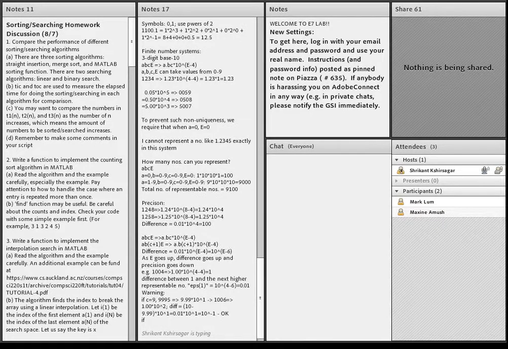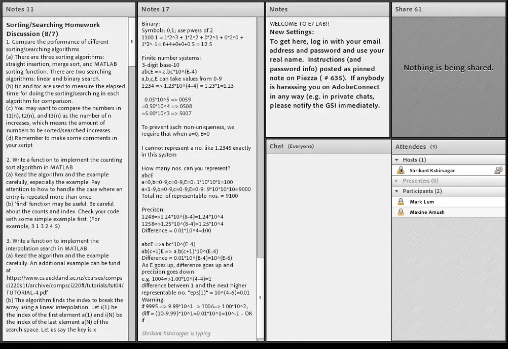But if you have a number, say, like 1006, which corresponds to 1.00 into 10 raised to 2. I've already done 1006. Okay, let me take 1003. So that corresponds to 1.00 into 10 raised to minus 1.